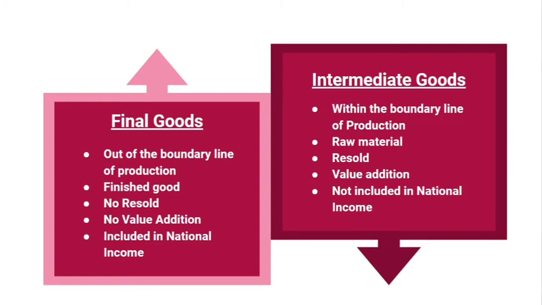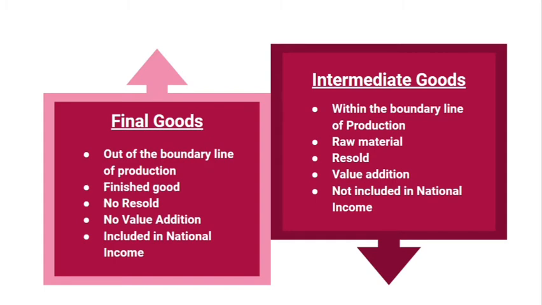But it is not always that wheat, flour and water will be intermediate goods and the final good will always be bread only. No, that is not true. Bread can also be an intermediate good, because if a hotel uses bread for making sandwiches and then sells the sandwiches, in that case the bread becomes an intermediate good.